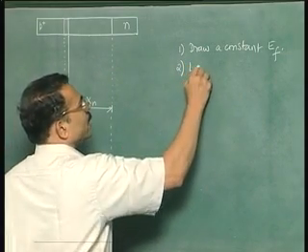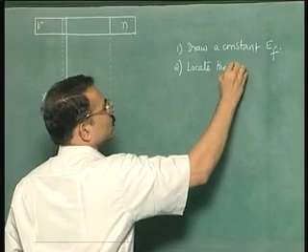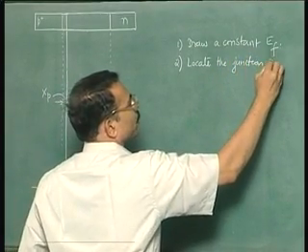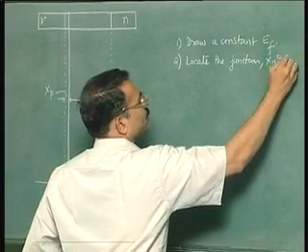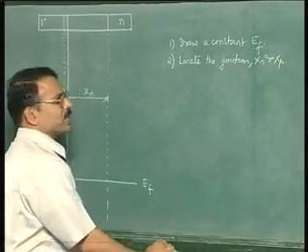So locate the junction, xn and xp. So xn and xp represent the depletion edges basically.